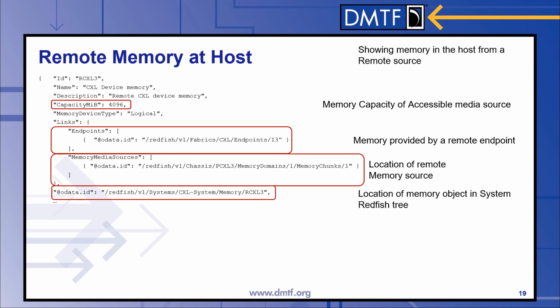This is the Redfish resource for our CXL3, the remote memory model in CXL computer system. This describes the capacity of the remote device and endpoints on the fabric and the memory media source for the assigned memory region.